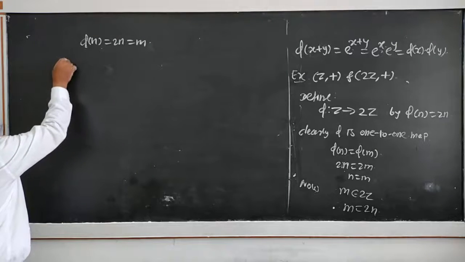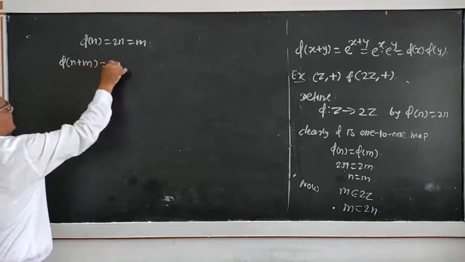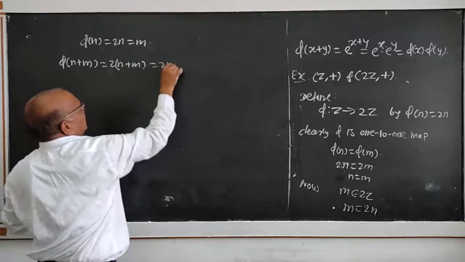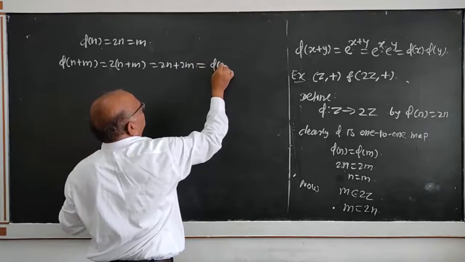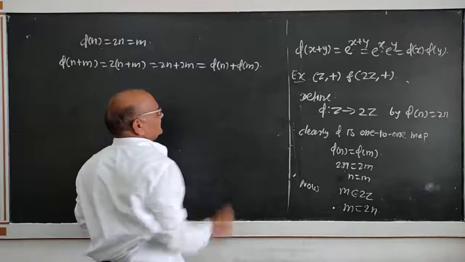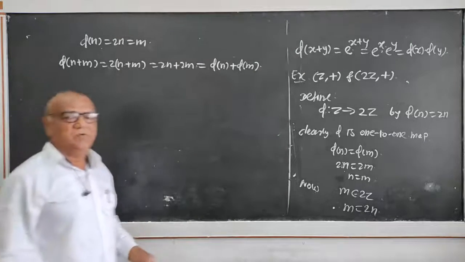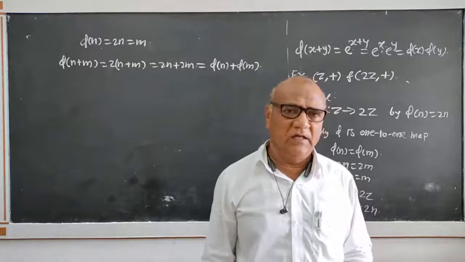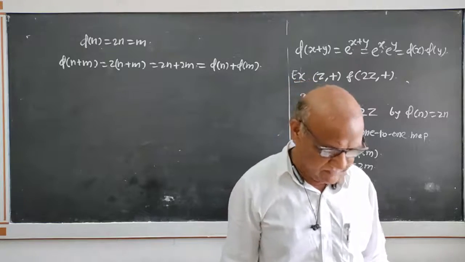Phi of n plus m is equal to 2(n plus m), which is 2n plus 2m, and this is equal to phi of n plus phi of m. This last condition is also satisfied, and so these two binary structures are isomorphic.